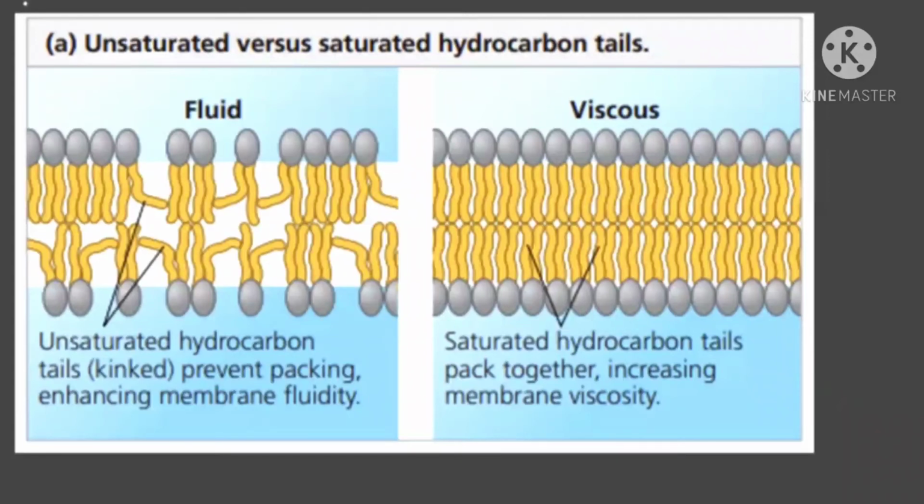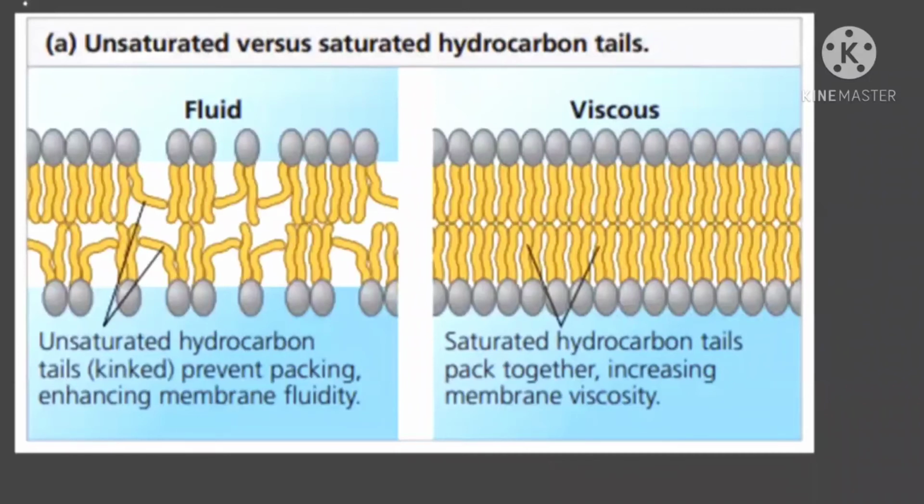Because the unsaturated fatty acids in the tail have double bonds, so kinks are coming here. So they prevent packing, and as a result, they increase membrane fluidity. But if the fatty acids are rich in saturated hydrocarbons, then they are tightly packed. In tightly packed conditions, fluidity will decrease.